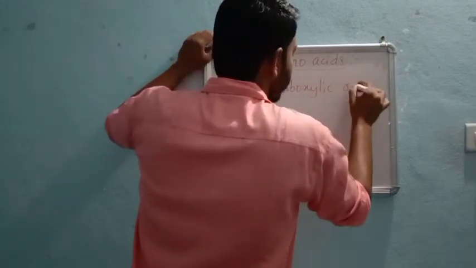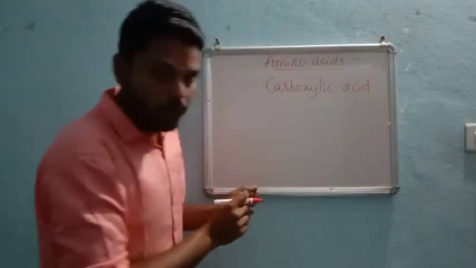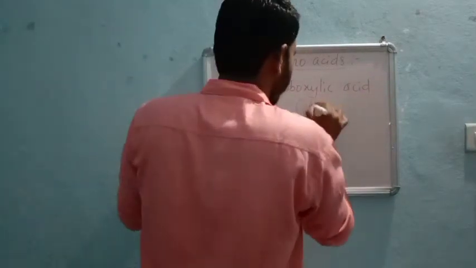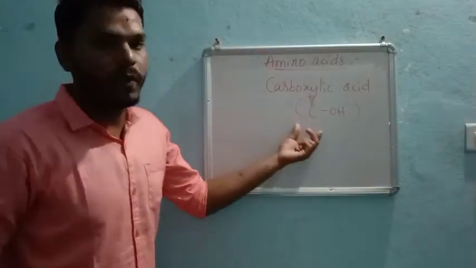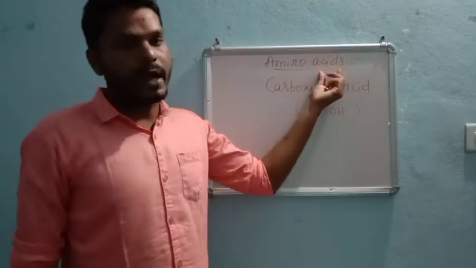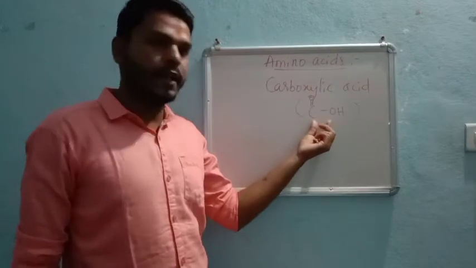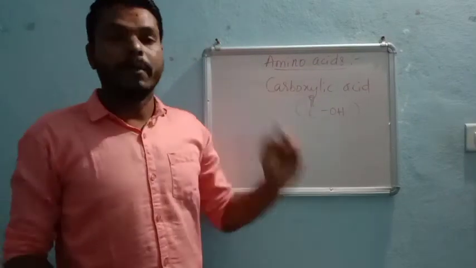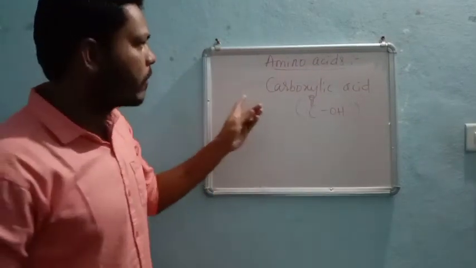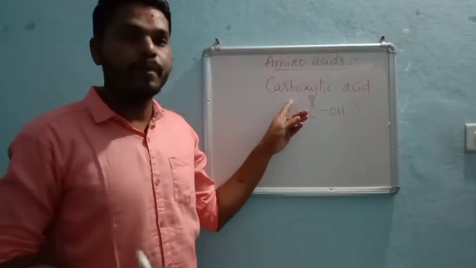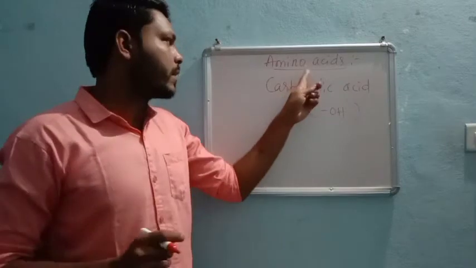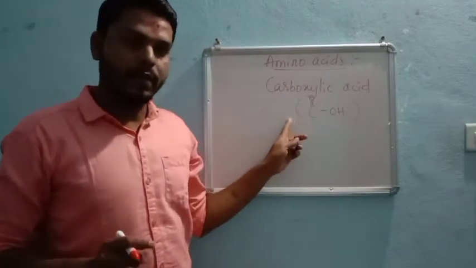Carboxylic acid, amino group, as well as C double bond O OH. This part we have in our amino acids. Because of the presence of acid, we say this is an amino acid. So amino as well as acid group is present.